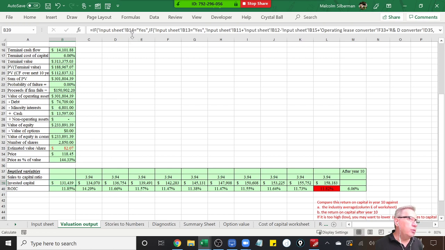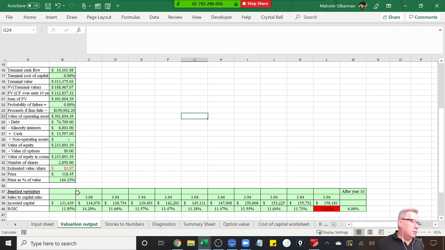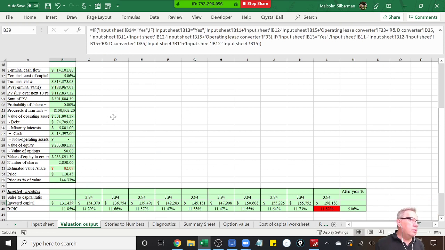And if you look at your formula for invested capital, it's based on the R&D. Well, it is based on, I can't seem to work my mouse today. There we go. So it's quite a complicated formula, but it's not really that complicated.